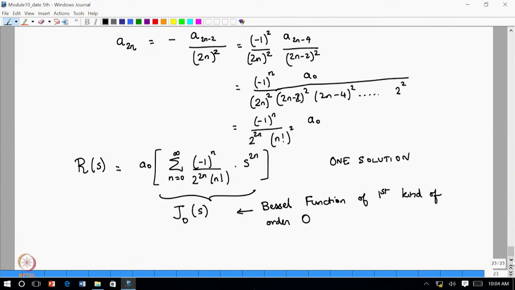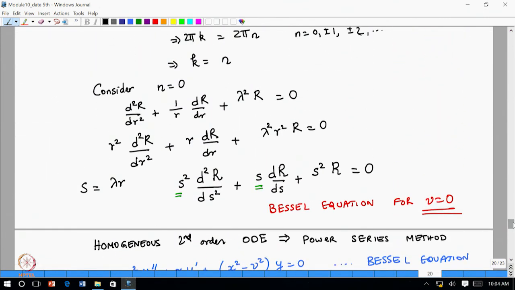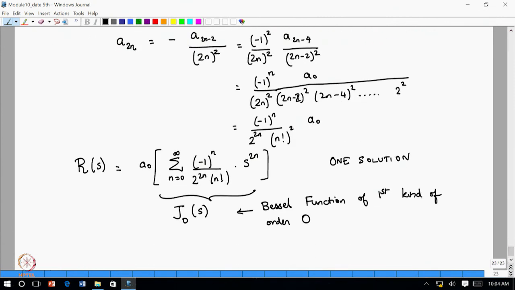Now, in general we started with a second order differential equation. So, there should be two linearly independent solutions. So, the second linearly independent solution is found by variation of parameters. So, general solution R of s is written as A 0 times J 0 of s plus A 1 times what I will call this y 0 of s.